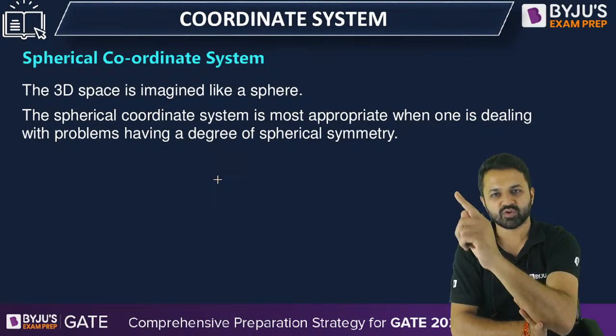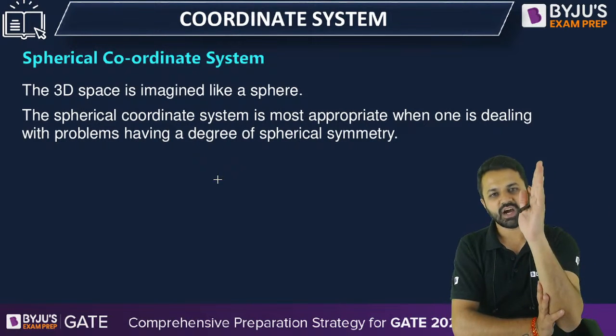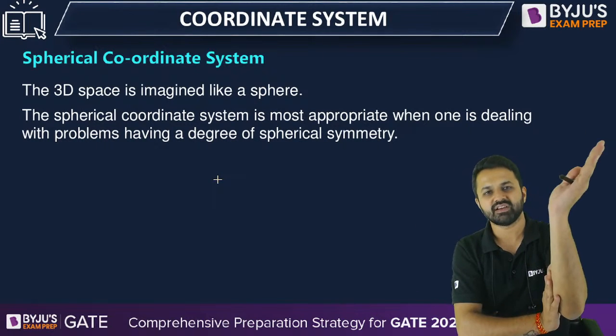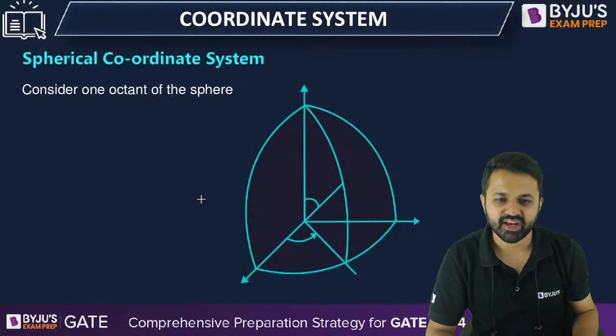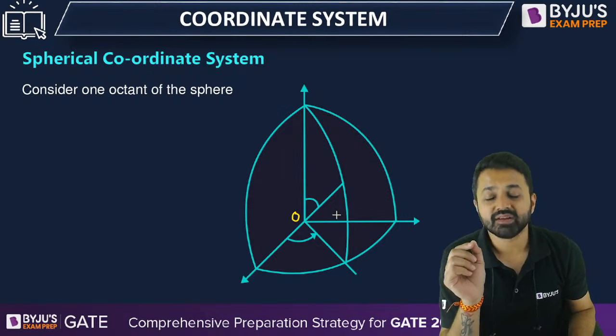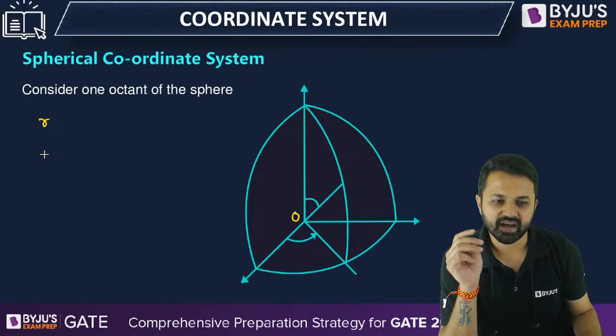Because you were rotating in this direction, it requires a 360-degree angle, but now you want to cover from north to south, so you need a 180-degree change. So whenever you are representing a sphere, you need three parameters: r, theta and phi.